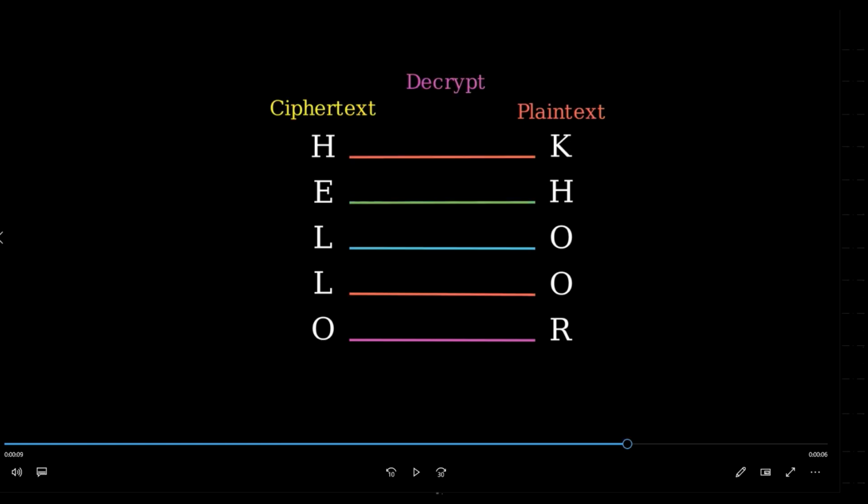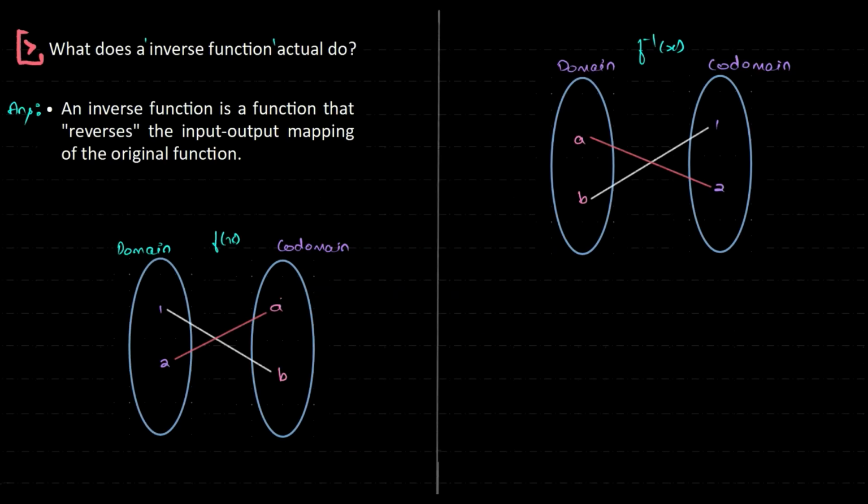At the other end, the person who is getting the message will have the decryptor. He or she will not see KHOOR being received, they'll see the word HELLO. The decryptor will know what letter has to be mapped to what. And so, inverse functions can be used in this manner. Of course, there are many usages. This is one of them.